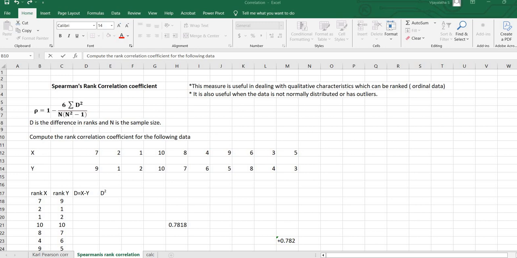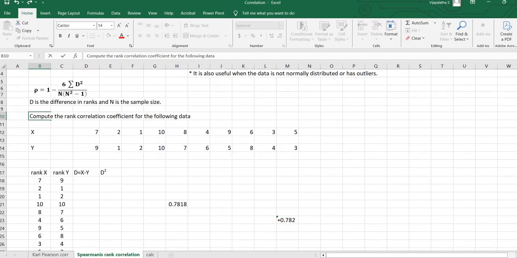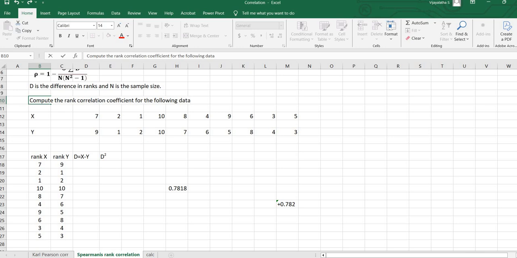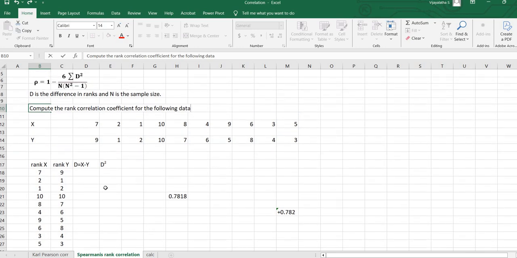In case we have a problem where the ranks of the variables are already given, then it is very easy for us to calculate. What we have to do is find the difference between the ranks.